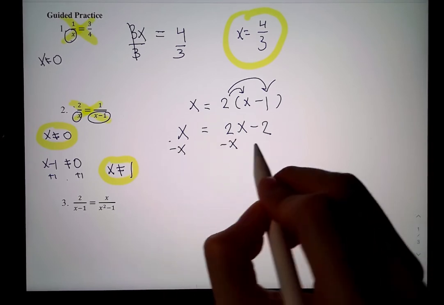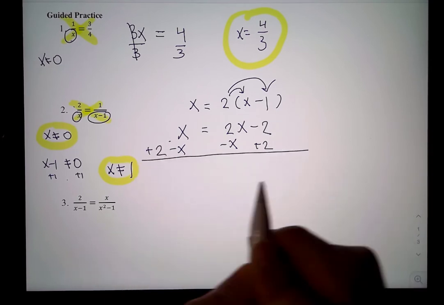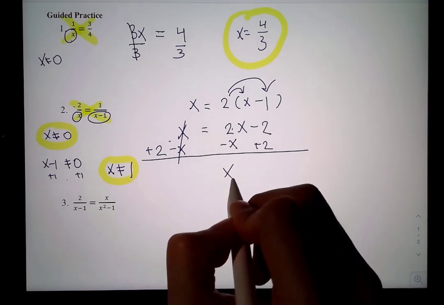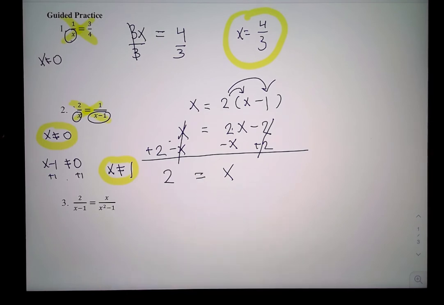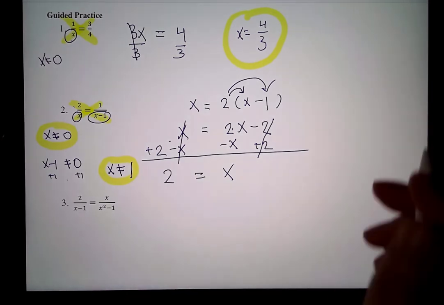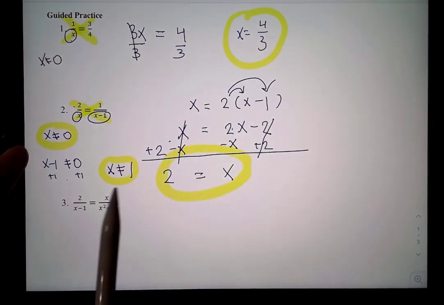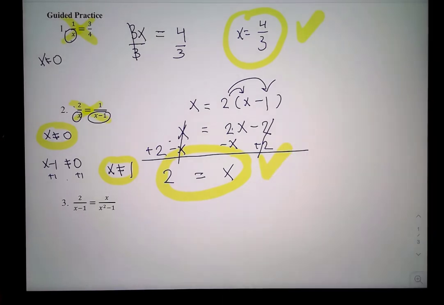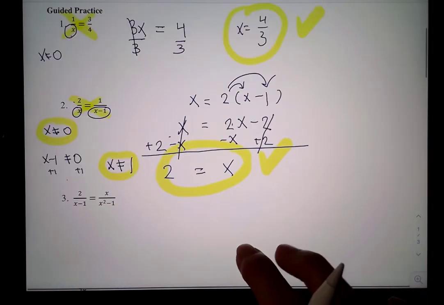And I don't need this 2, so I will add it. Plus 2, like this. Then cancel. This one is 2 minus x, 1x, cancel. You just have 2 on this side. So what did you get? X equals 2, right? So you got x equals 2. Is this your undefined value? 0 or 1? No, none of that. So this is fine. It is fine.